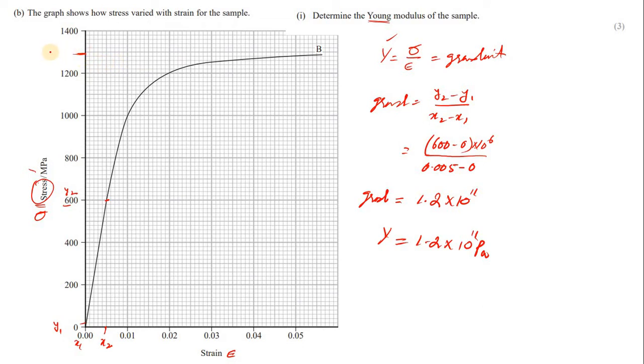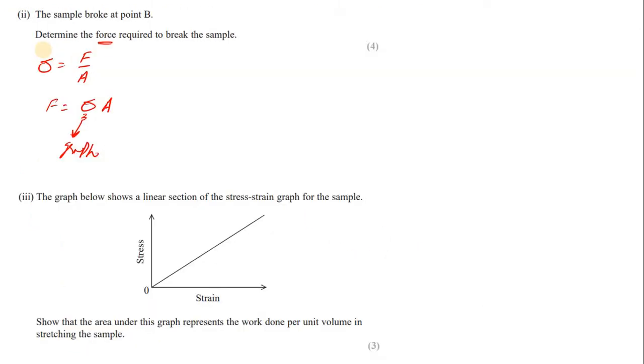Let's take it 1290. So this value is 1290 million pascal. This is the breaking stress, and we use this stress to multiply with area to find the force. So now F is equal to stress, 1290 into 10 to the power 6.